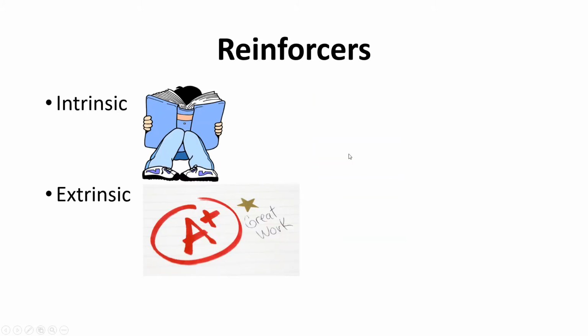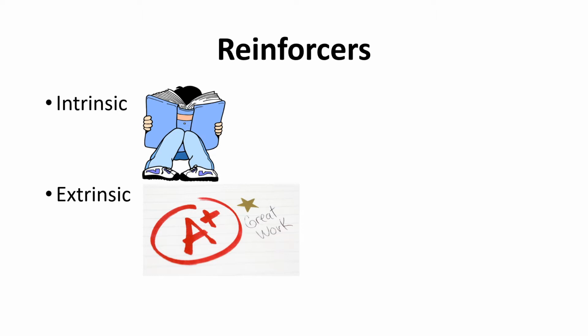Our reinforcers can also be intrinsic or extrinsic. Intrinsic meaning that they are internally driven. So an intrinsic reinforcer is something that we want to do because we find it rewarding to ourselves. So people who read because they enjoy it. People who choose to run every day because they enjoy how it feels.